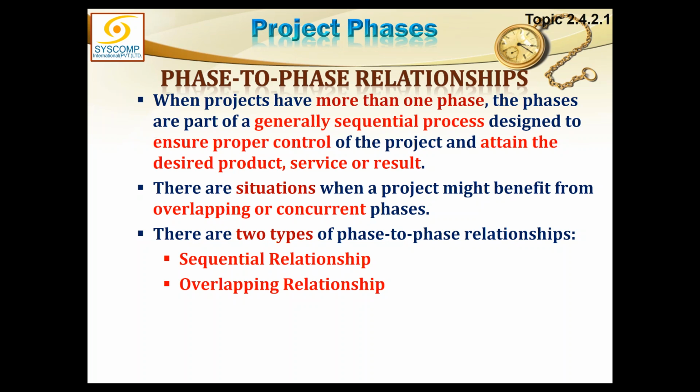There are situations when a project might benefit from overlapping or concurrent phases. So we sometimes may like to have some overlap in the phases, and that is always for the good. Maybe it actually depends upon your capacity to absorb risks.